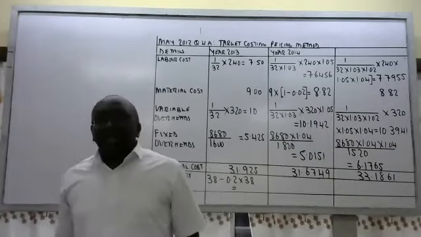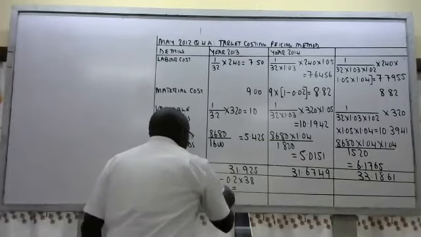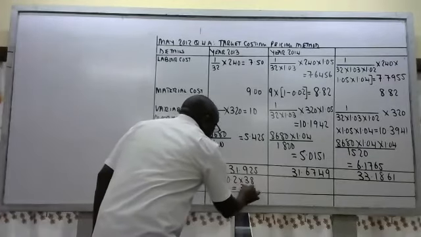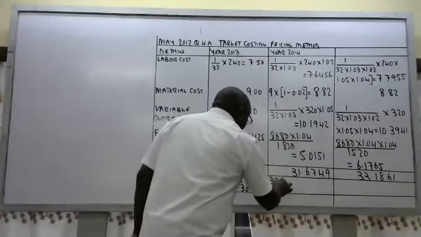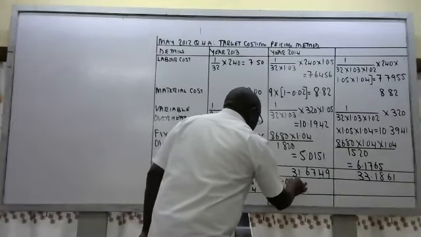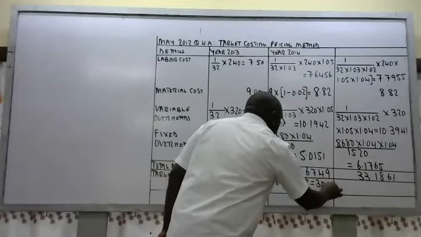So what is the target cost for the first year? 30.4. And even in the second year, it is 38 minus 0.2 times 38, so it is still 30.4.